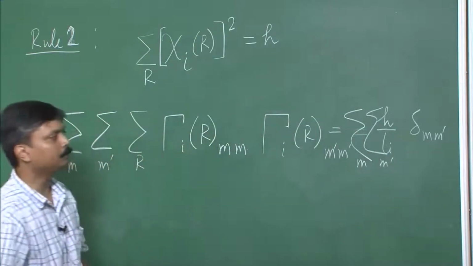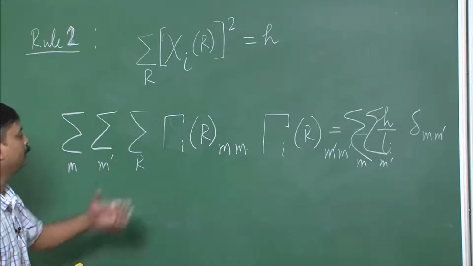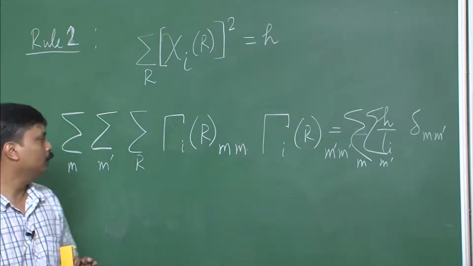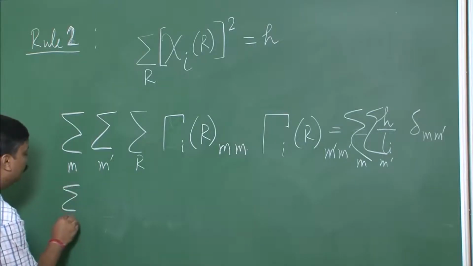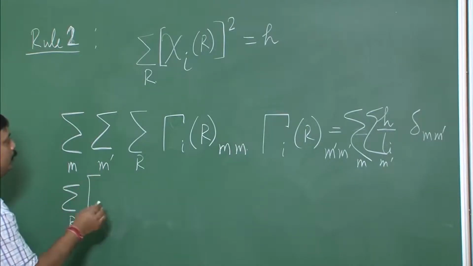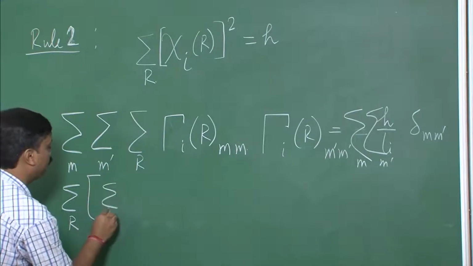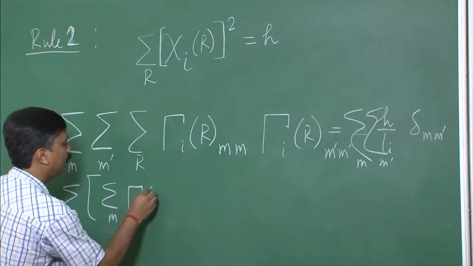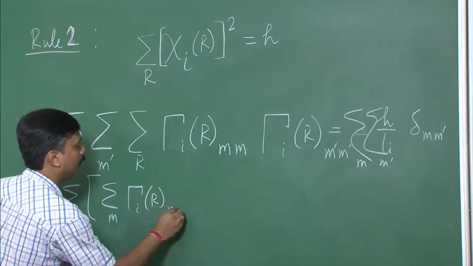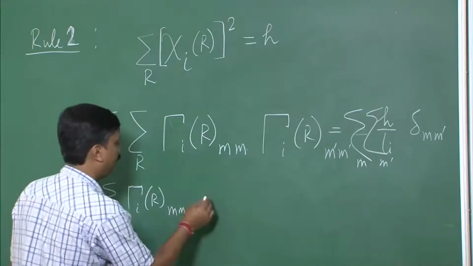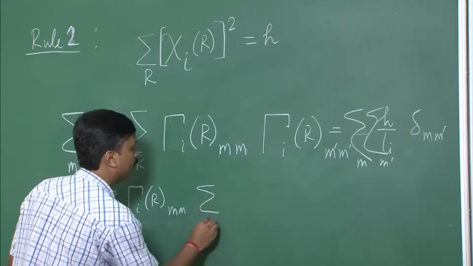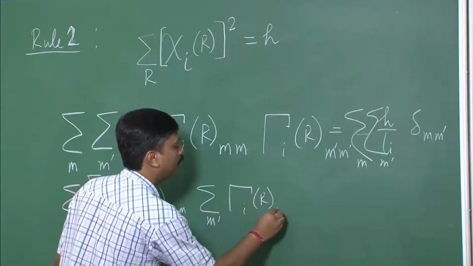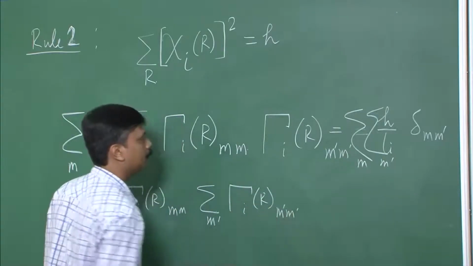The order of summation is immaterial, so we can rearrange this one, and we can have the sum over m of gamma i of r m m, and the sum over m prime of gamma i of r m prime m prime.